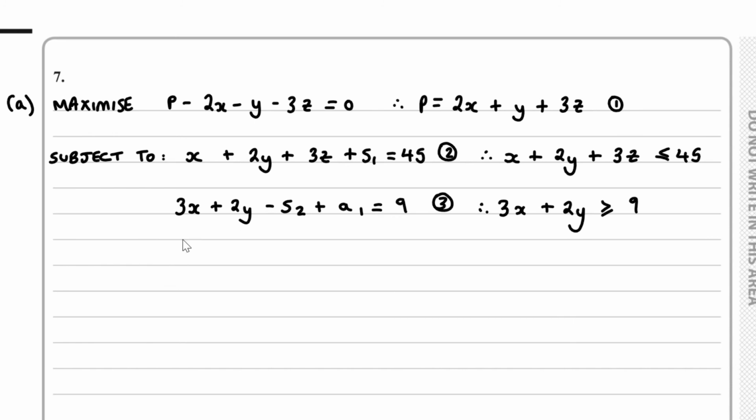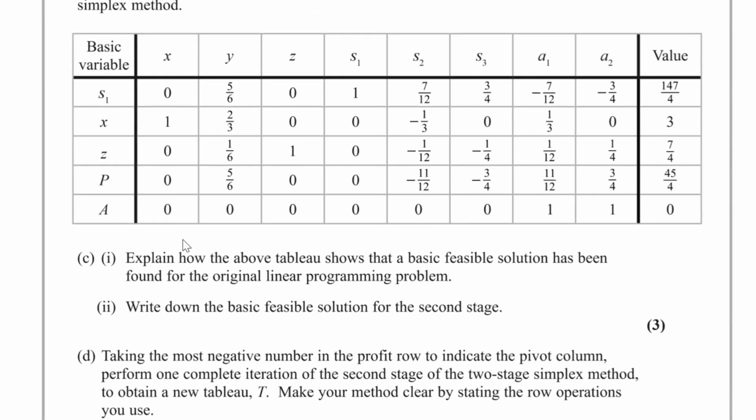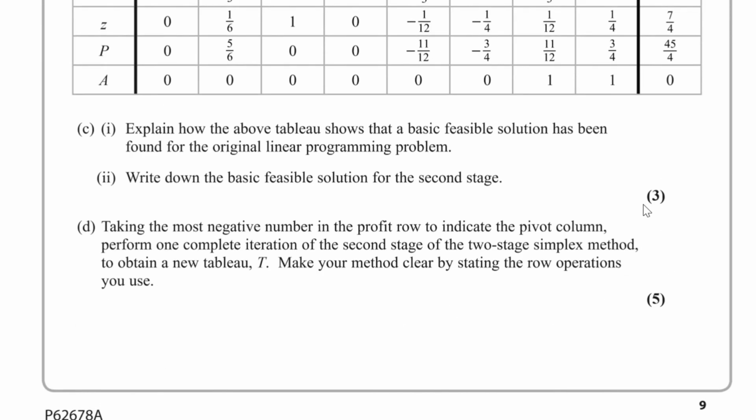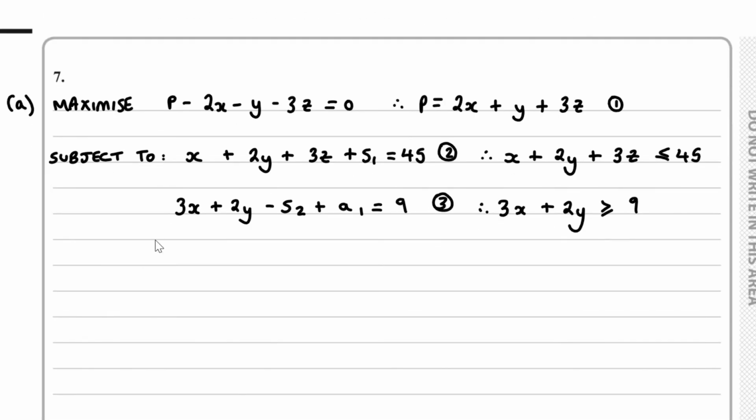And then we've got minus x, 0y, and 4z, no s1, no s2, but we've got minus an s3 and plus an a2, and this is equal to 4. So if we write that down, we've got minus x plus 4z minus s3 plus a2 equals 4.